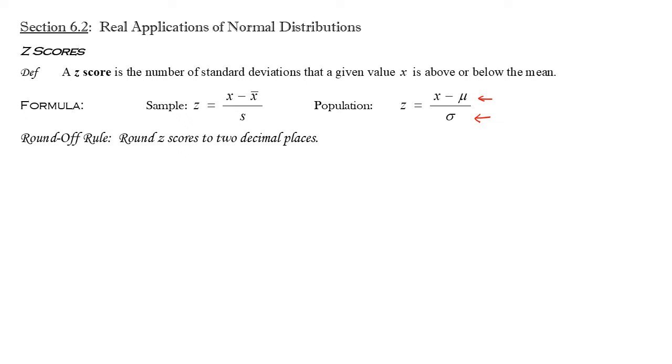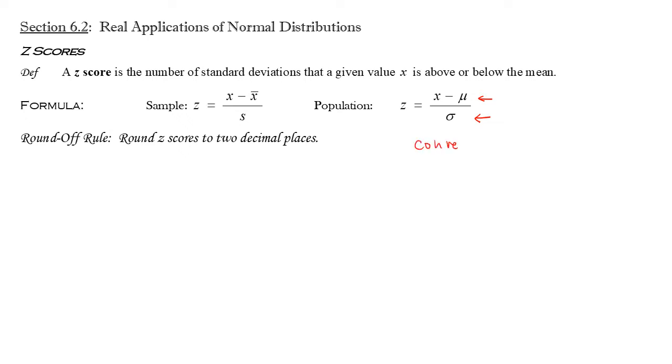Okay, so if I'm given a distribution that's normally distributed but has a different mean and standard deviation than what we've been dealing with before, then we can always convert that value to a z-score that we can use with the standard normal distribution.